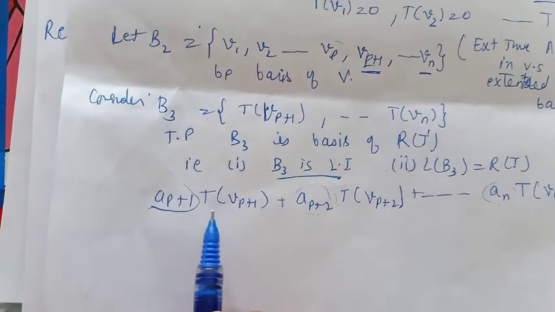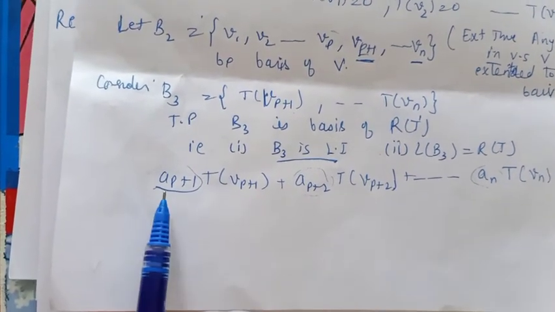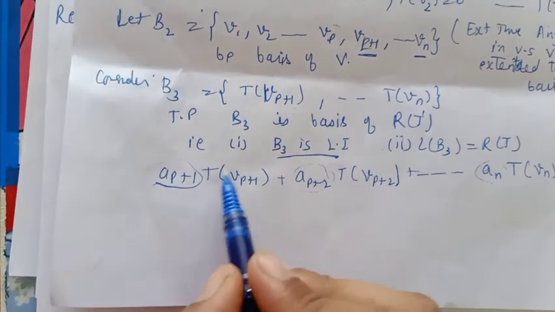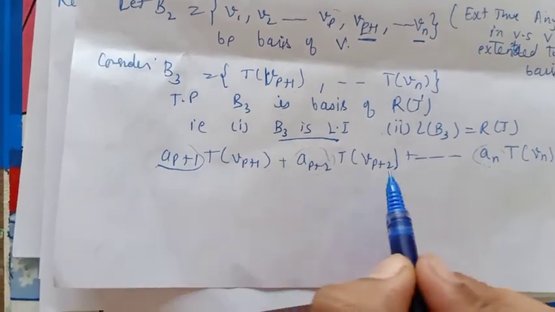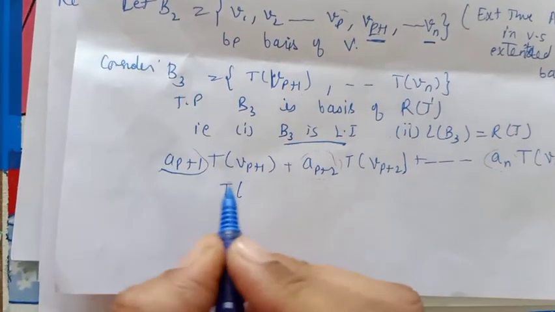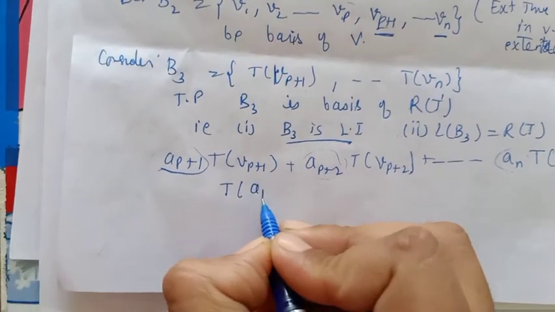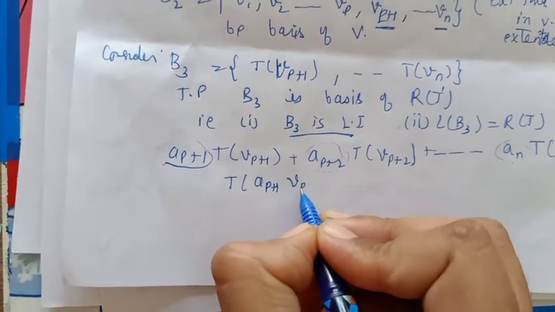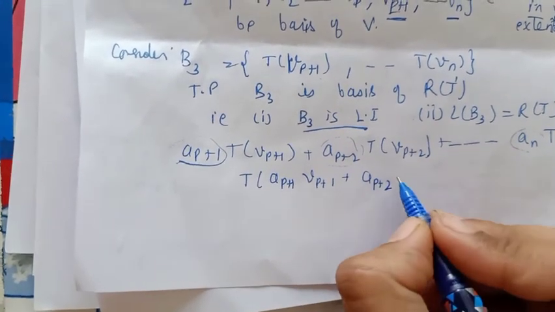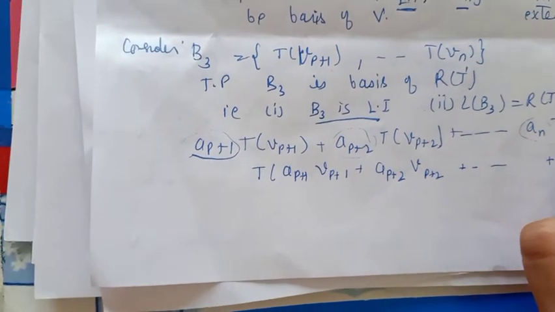Now what does the definition of linear transformation say? It says you can either keep the scalars outside or move them inside, and you can write terms separately or combined. So I am taking the scalars inside and then combining these. This will become T of a(p+1) v(p+1) plus a(p+2) v(p+2) and so on up to an vn.